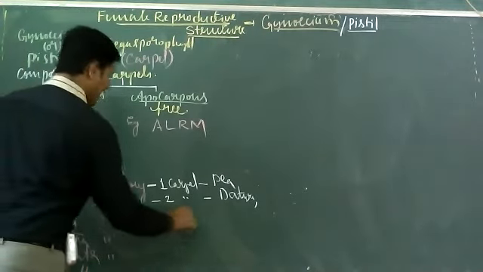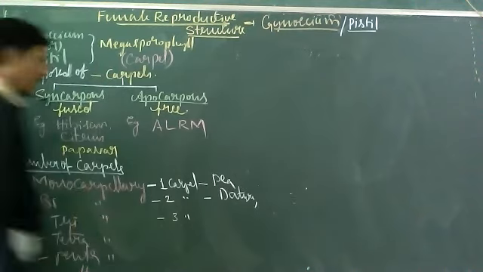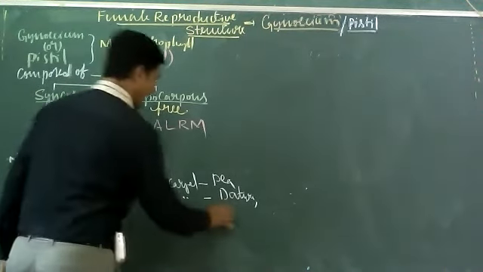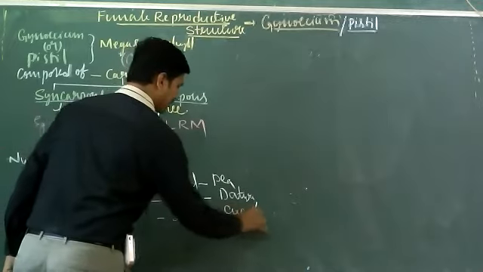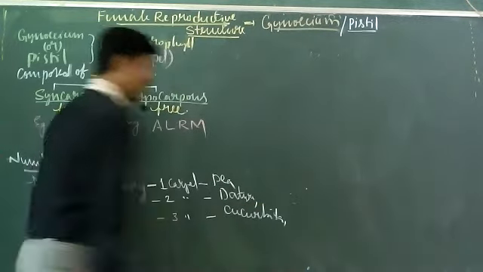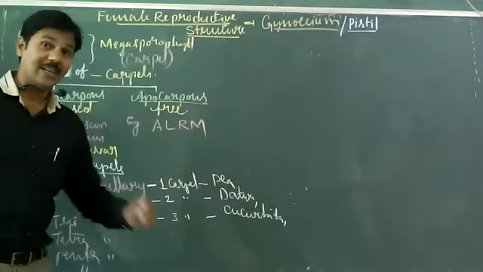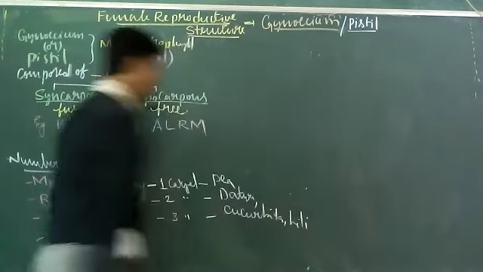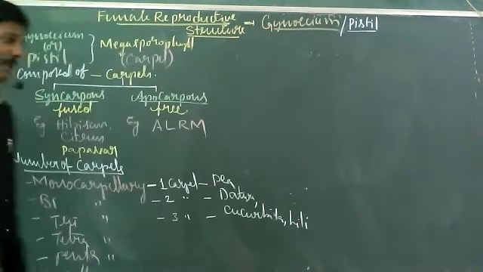Tricarpellary, three carpels are there. So example, cucurbita. All the Liliaceae members, you studied in the first year.